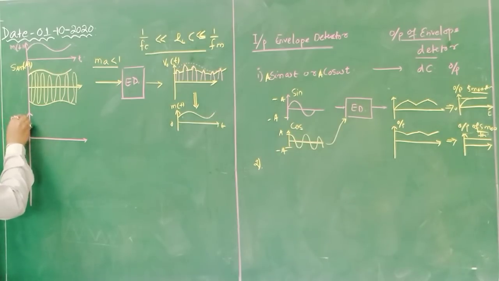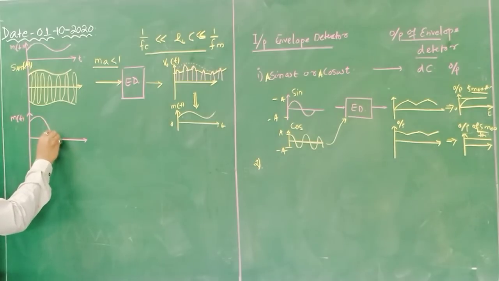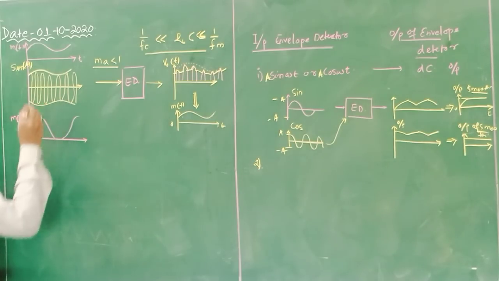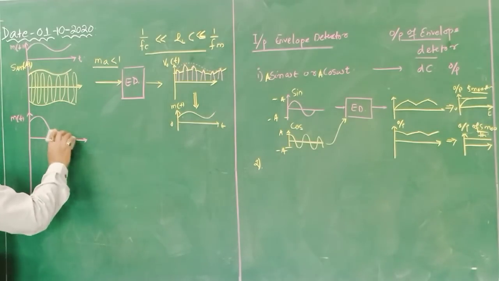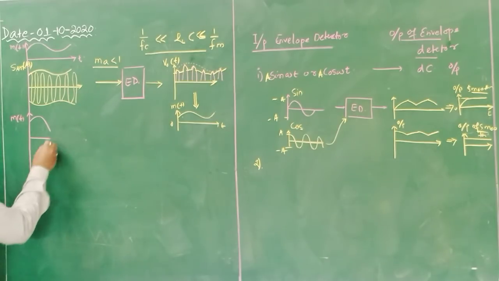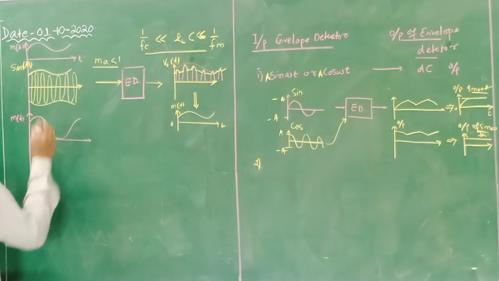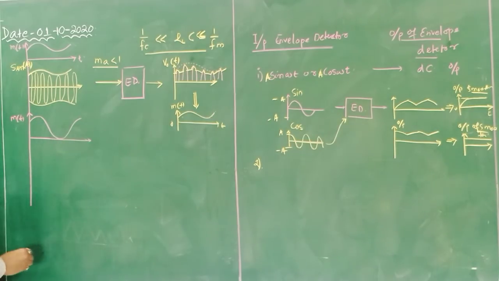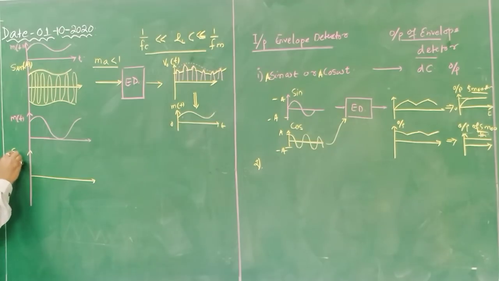If my modulating signal is like this, touching the zero crossing point, this is the modulating signal. Now, if the modulating signal looks like this, then what will be my modulated signal?